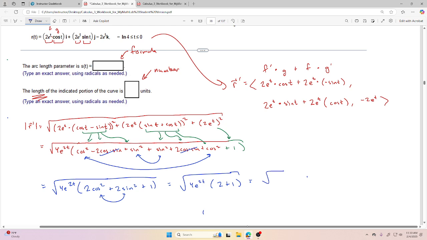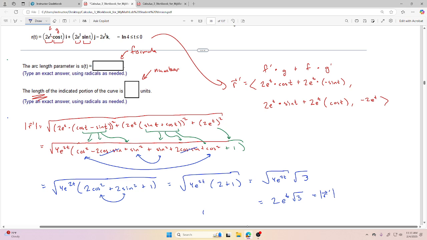And let me do that slowly so that we're all on the same page. The square root of 4 is a 2, and the square root of this guy ends up being plain old regular e to the t. So this, I found, was my magnitude of r prime.